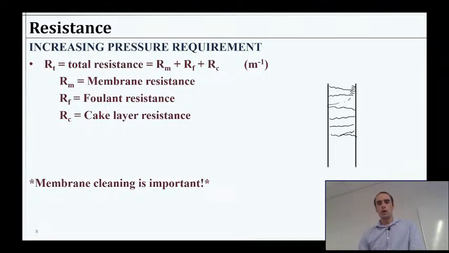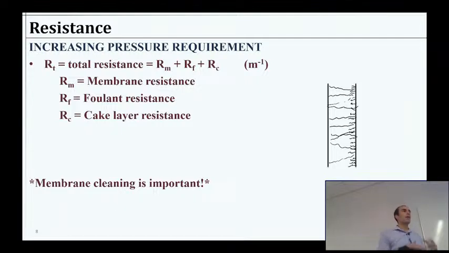I'm going to try to do kind of a quick drawing here so that you get the picture. So we have a separation layer on the right and just a supporting layer throughout the rest of it.